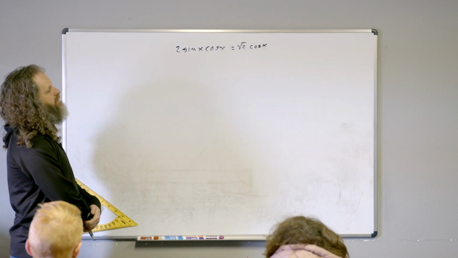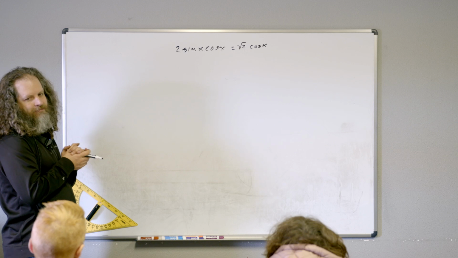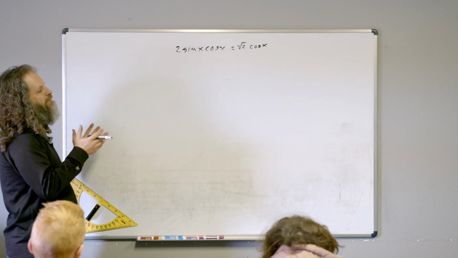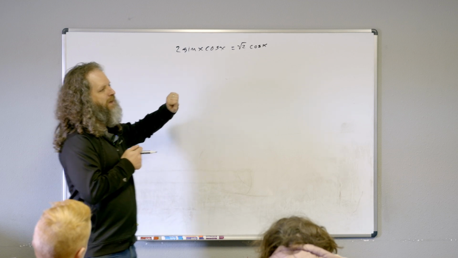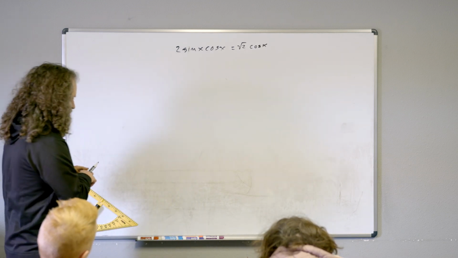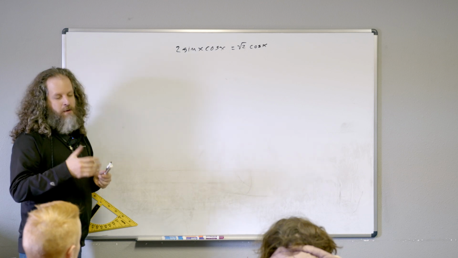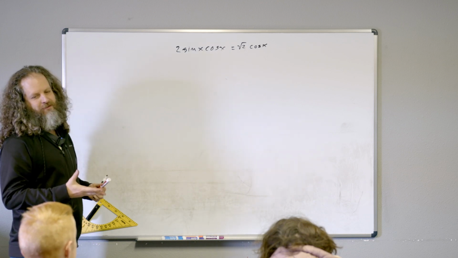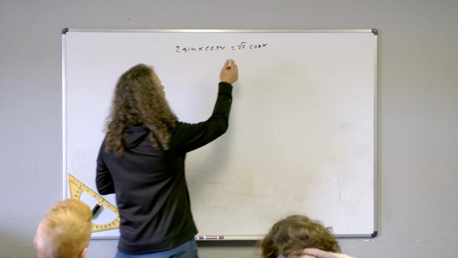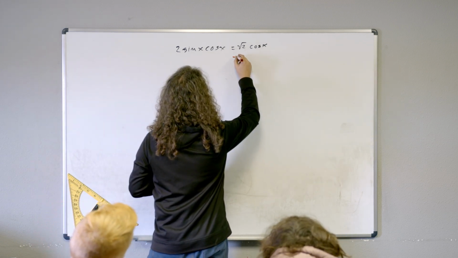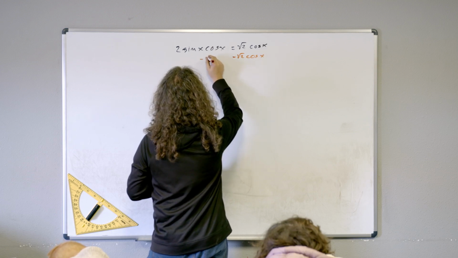We can't because we're going to lose some of our answers. So we'll have to do this a little bit more complexedly because we have to figure out the answers for sine and cosine. We can't just divide by cosine and poof it away because we're going to lose some answers if we do that. So what we can do is subtract square root of 2 cosine x from both sides.